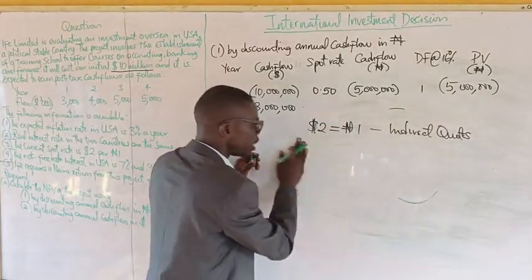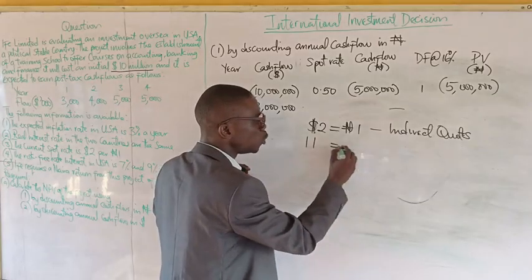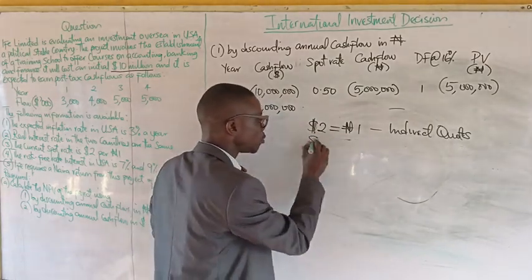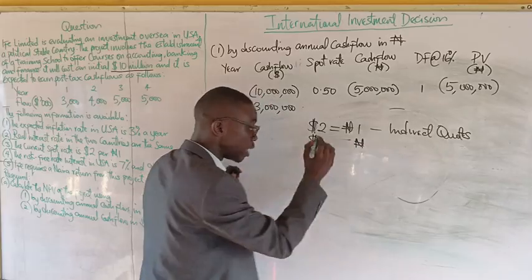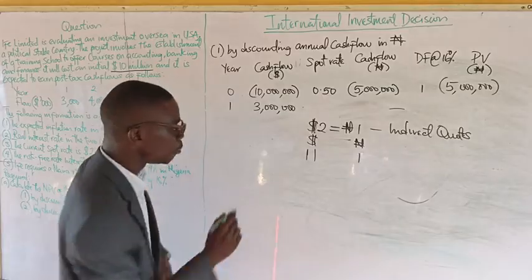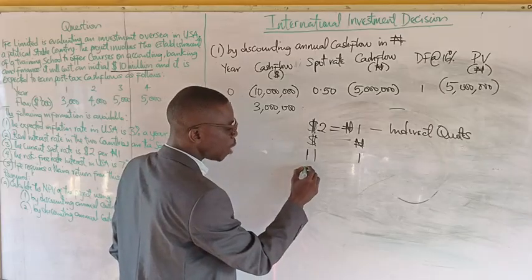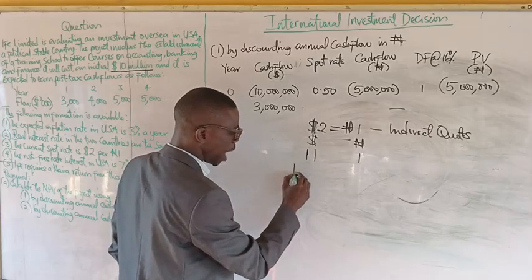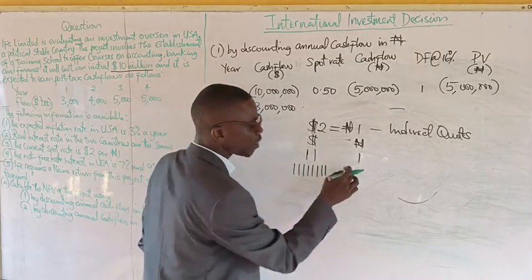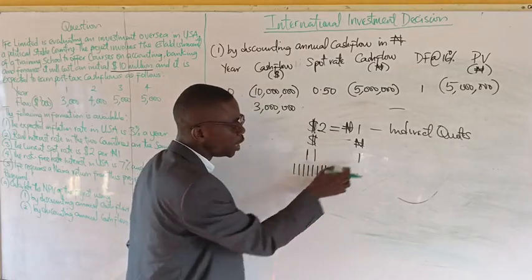If you don't understand, let's do this. They said you need $2 to get 1 naira. Let's say this is dollars and this is naira. $2 is equivalent to 1 naira. If they now say you need $8, how much will $8 be in naira?